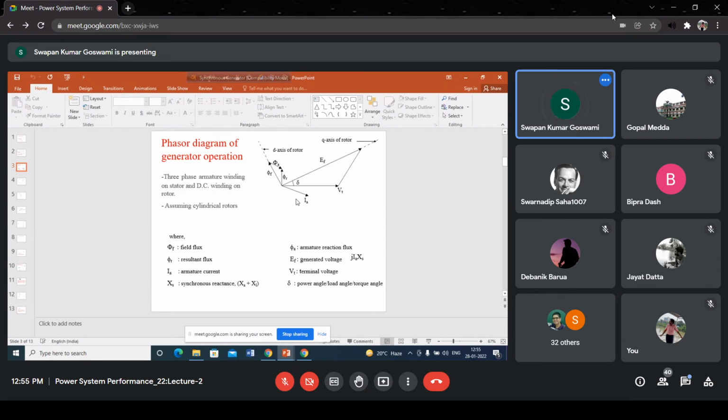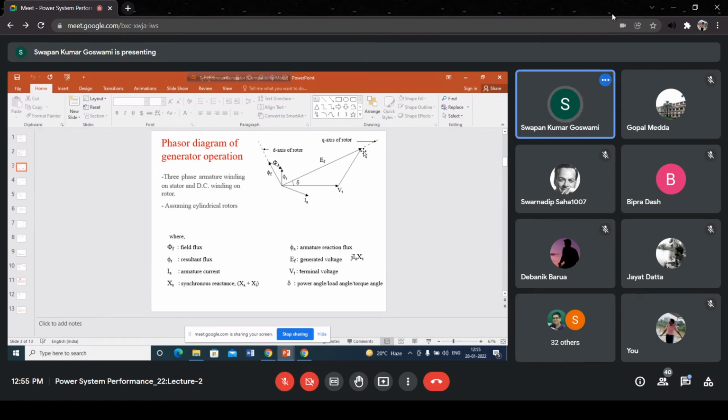Also, please note that this EF is along the quadrature axis of the rotor. This will be very important when we study frequency control, where we consider the change in power generated by the generator. EF, that means the induced EMF, is along the quadrature axis of the rotor.